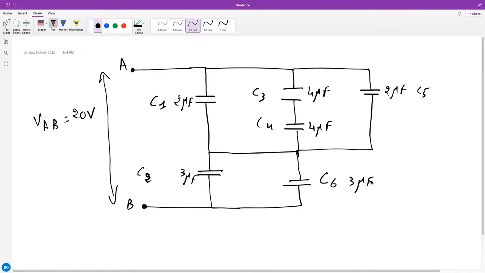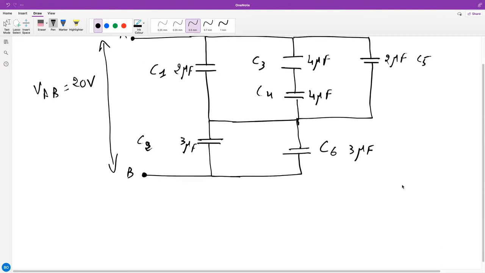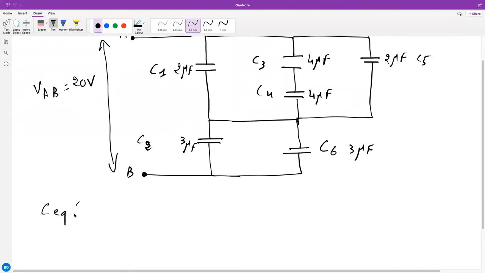So we have demonstrated previously that the equivalent capacitor across AB is equal to 3 microfarad.